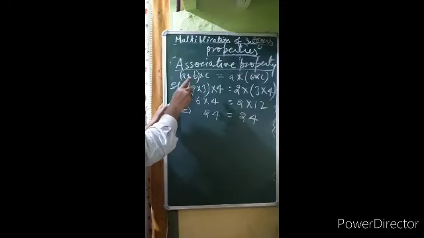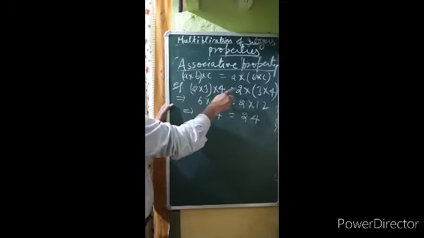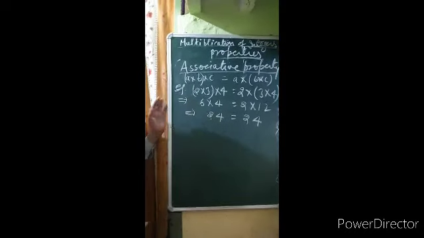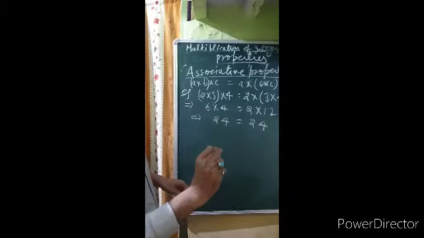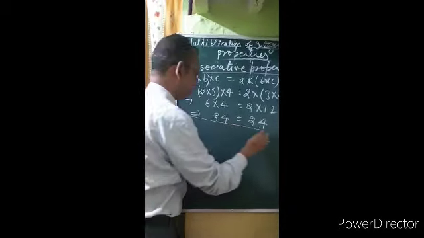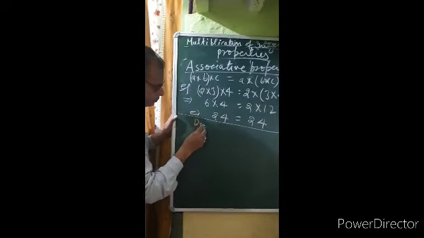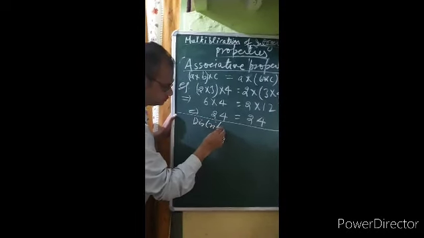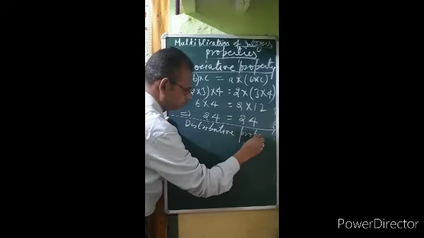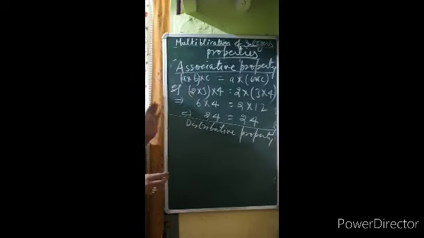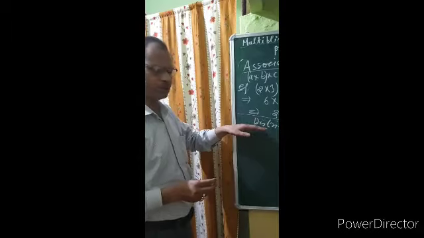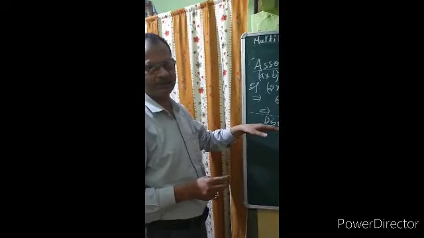For the associative property, you can take examples of negative integers also and you will get the same result. Okay, now let us study one more very important property, that is the distributive property. This is true in the case of distribution of multiplication over addition and multiplication over subtraction also.